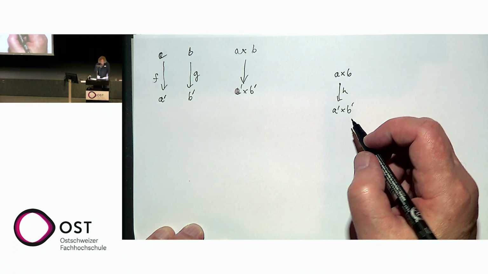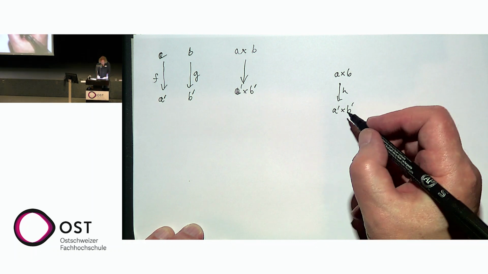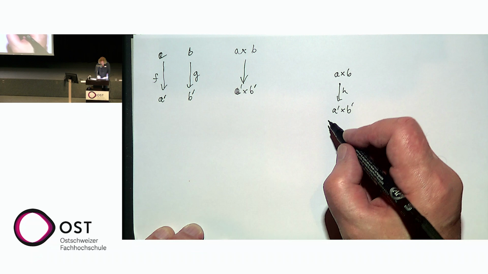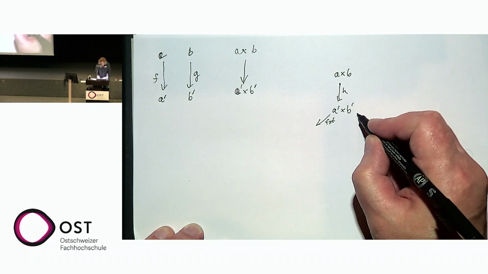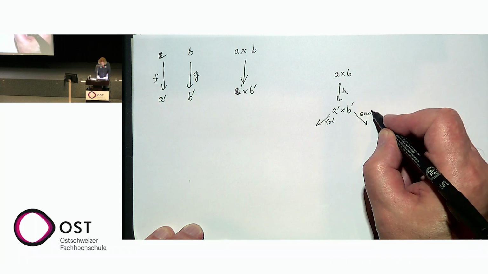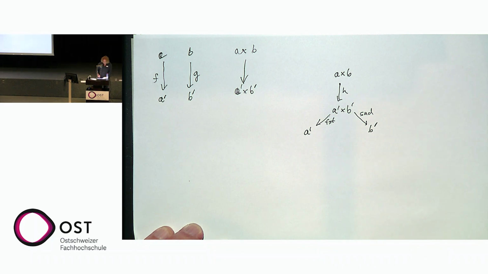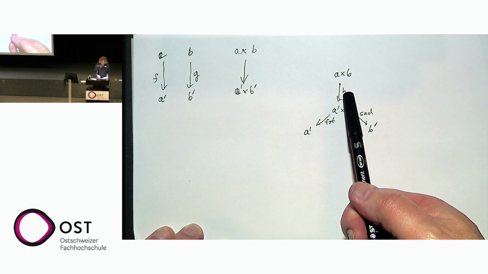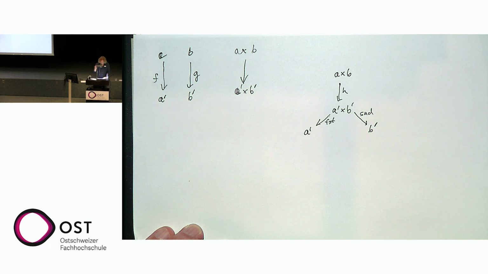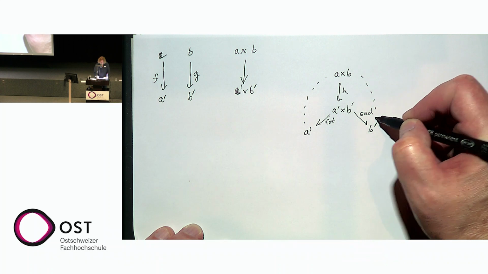Now I want to fit it into my diagram that defines a product. So I have a product A prime cross B prime. So obviously there are first and second projections to A prime and B prime, right? So in order to define this function H, I need a pair of functions that would go here and here, right?